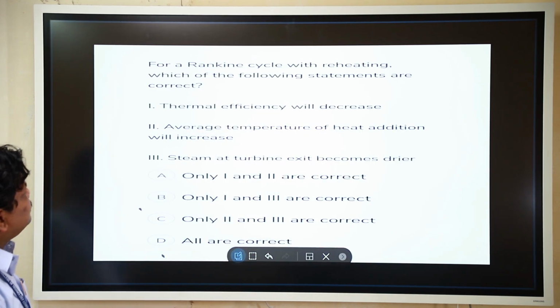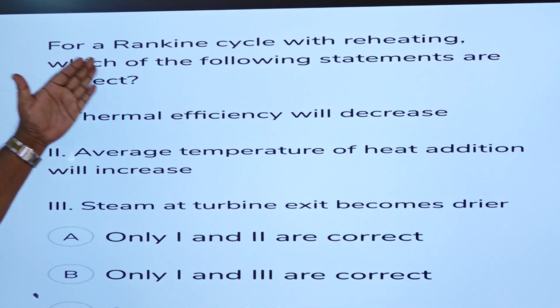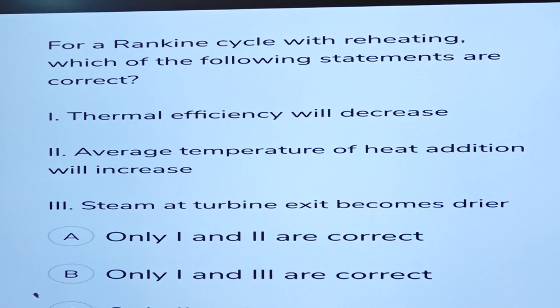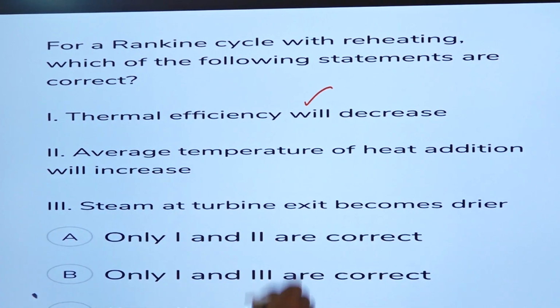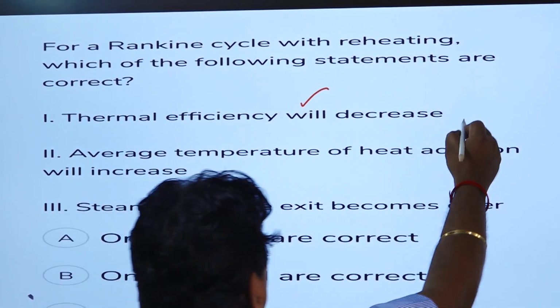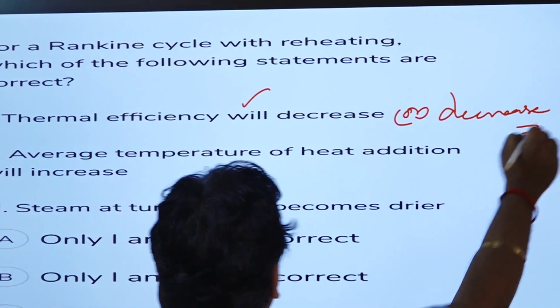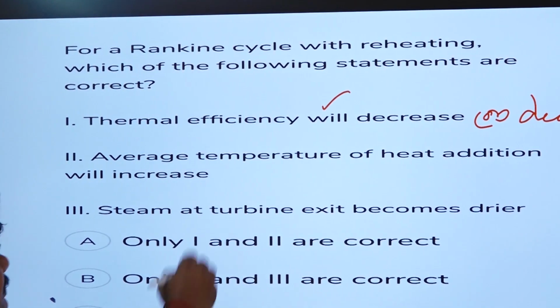Then you can see a question for a Rankine cycle with reheating. So far we have seen what will happen in a Rankine cycle. For a Rankine cycle with reheating, which of the following statements are correct? Thermal efficiency will increase. Right, thermal efficiency may increase, or otherwise sometimes it may decrease. The average temperature of heat addition will increase, right?